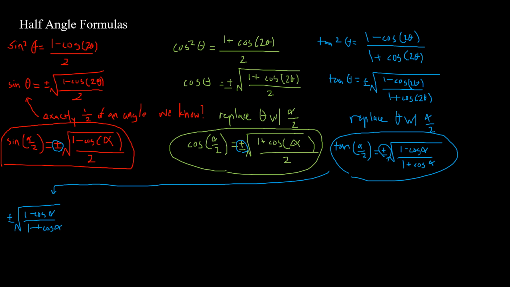Well, it turns out we can actually simplify that further. What if we multiplied something by its conjugate? Let's say we multiplied everything by the conjugate of 1 plus cosine alpha.